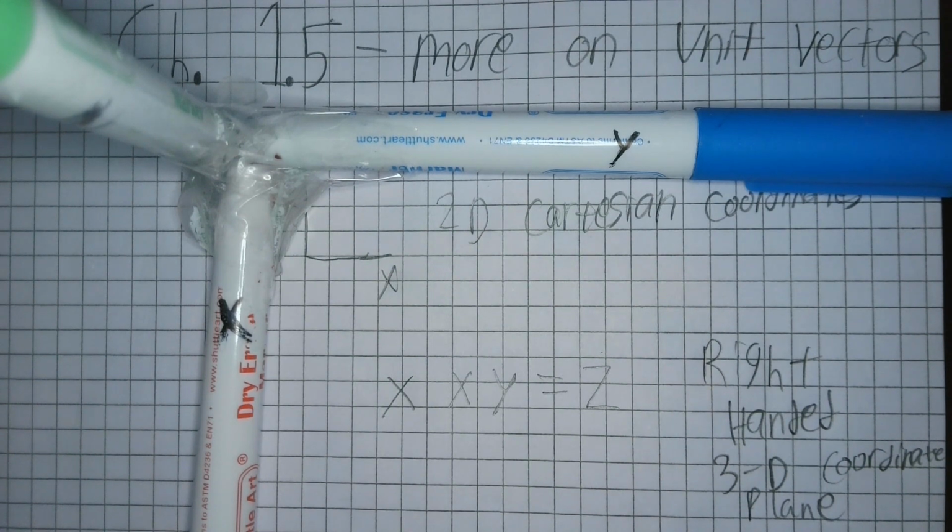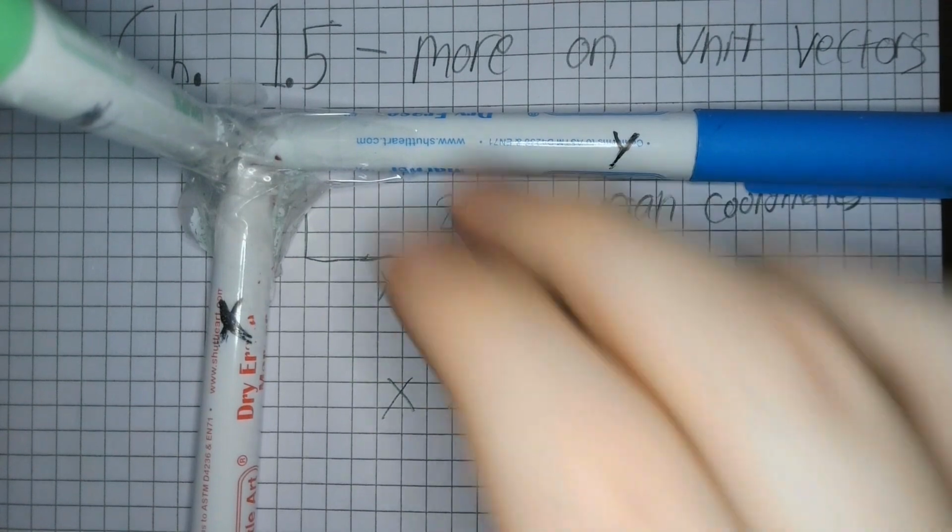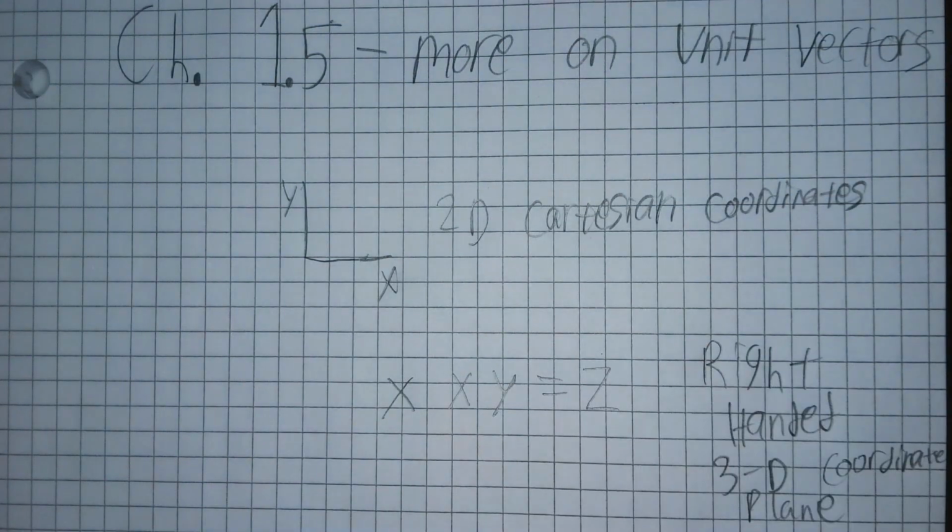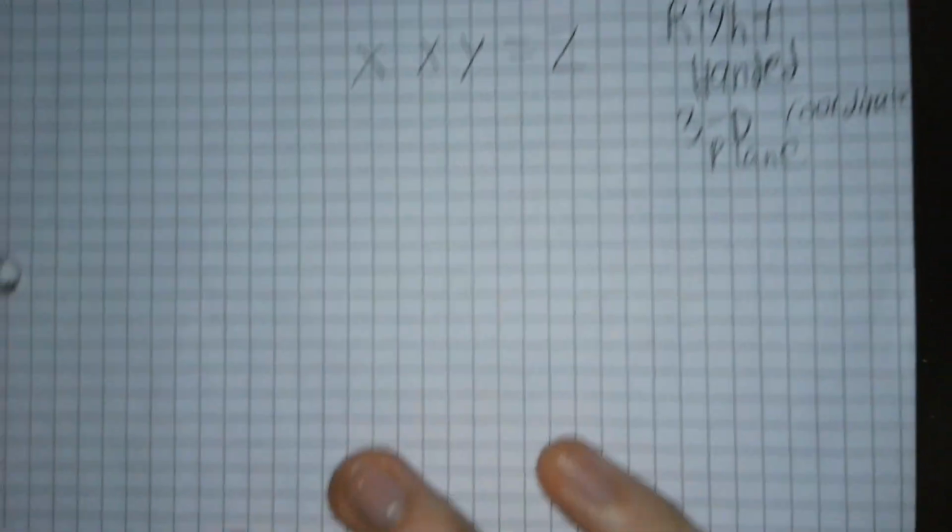And now I want to use the third dimension to talk about a new definition for the cross product. Okay, I'm going to go ahead and move this out of the way. Okay, so here's our new definition for the cross product.